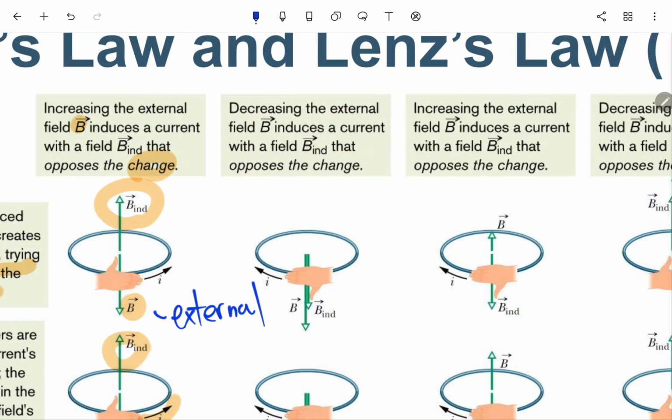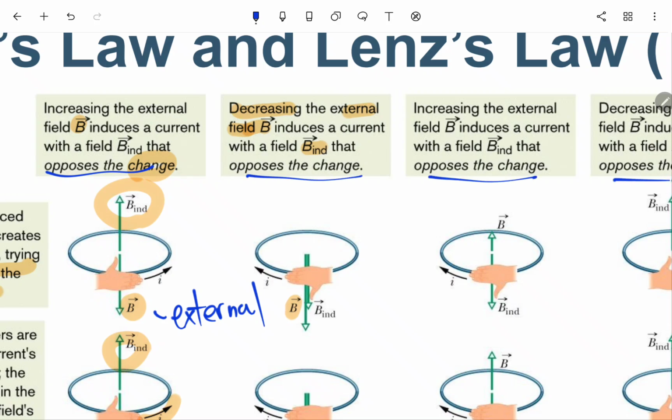Okay, so for the second case, the external B field is still pointing downward. But here we try to decrease the external B field. That will induce a B induced that opposes the change. For all these four cases, it also mentioned that it opposes the change.